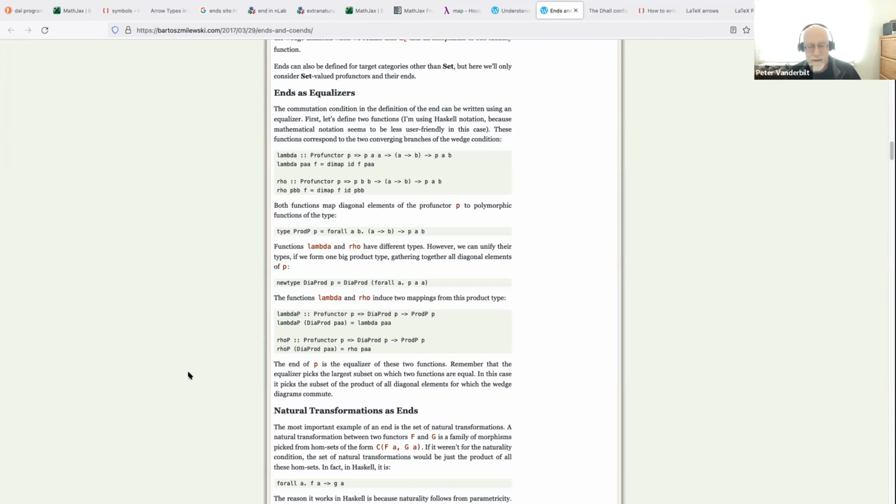Because if it were for all A B, A to B, PAB, you would have A and B universally quantified on the left in Haskell, and you would have just written type prod P, P, A, B on the left equals that. So in Haskell, for all on the right is existential, and on the left it is universal.